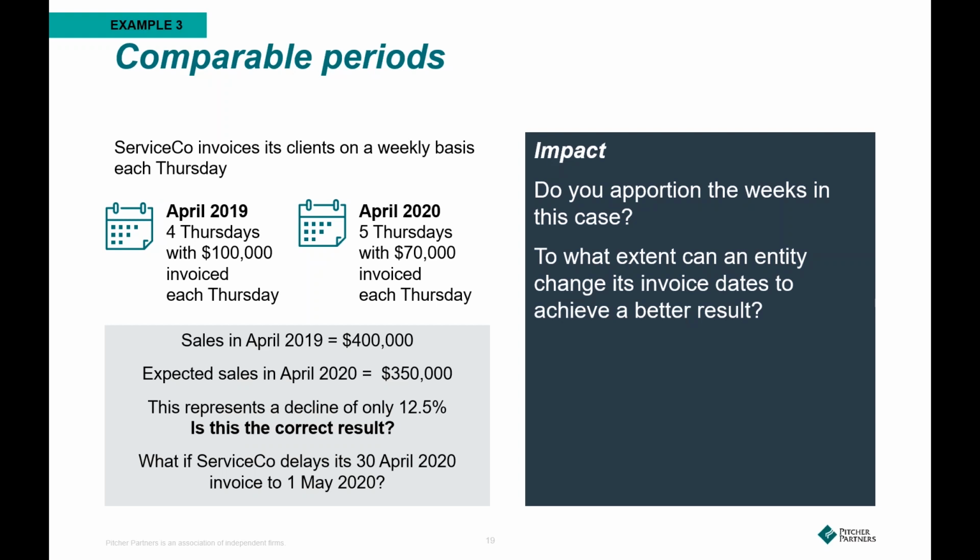So we need to keep that in the back of our mind, that there are integrity, if you like, anti-avoidance rules within the legislation. But if you look at this on a fairness basis and on a basis of assessing what should be the right result, then one may well get to the conclusion that it would be acceptable for Service Co just to delay that invoice at the end of April to the 1st of May in order to achieve a like-for-like comparison between the test period and the comparison period.